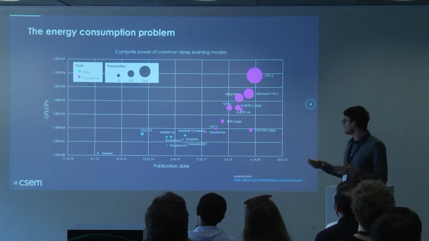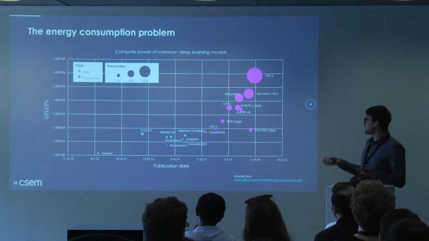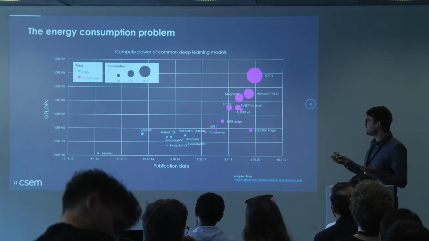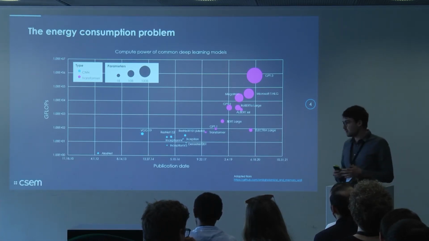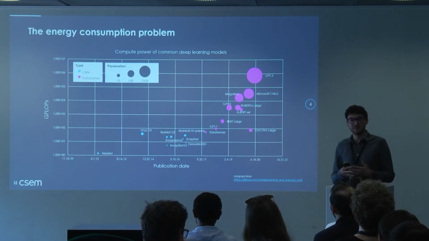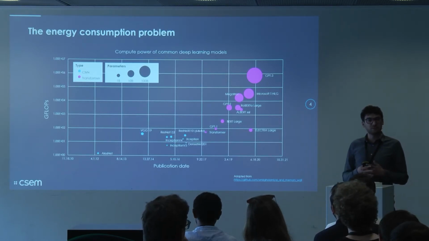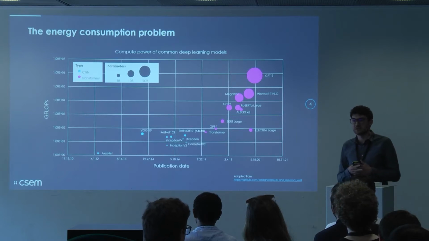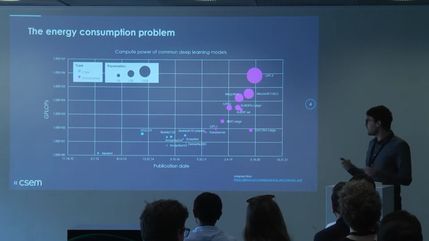And since 2017, with the rise of the transformers, we see that the computational complexity has increased by more than 10,000 times. So if we wait still 5 years, we will need 10,000 times more computational power to run our models on the cloud. So we have to find a solution.